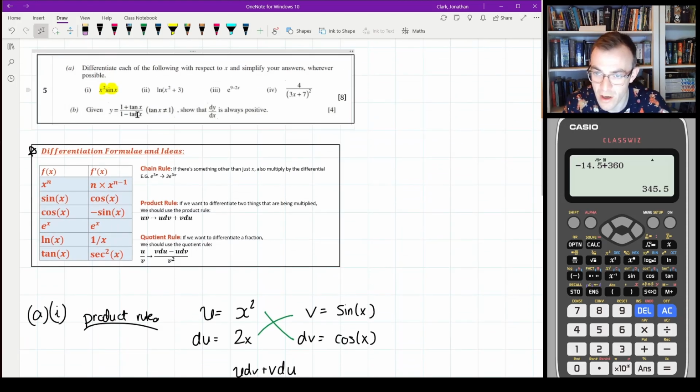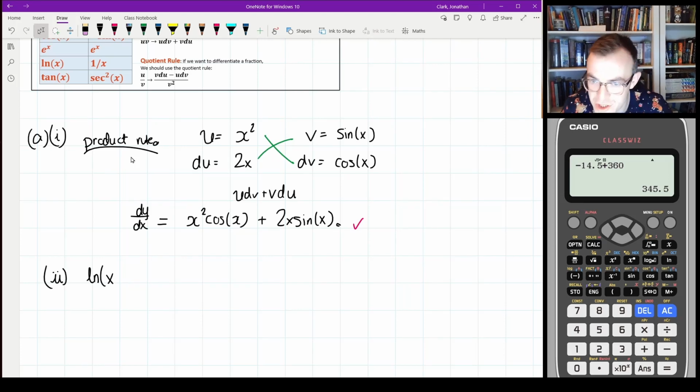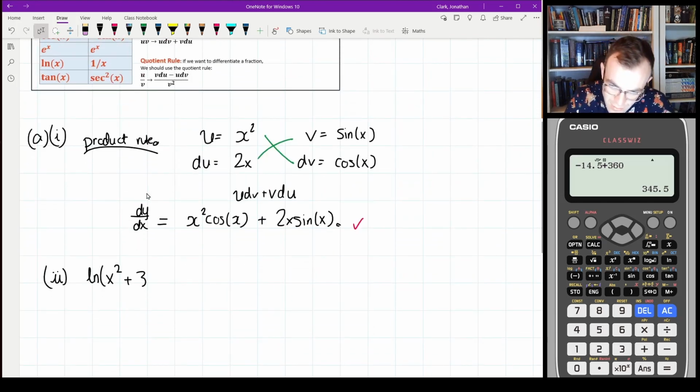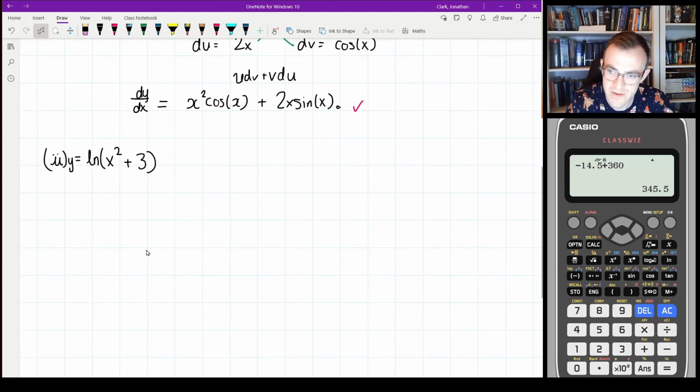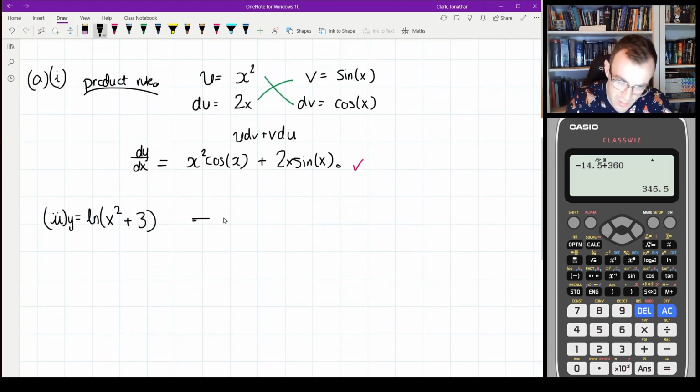What we got next? We've got a logarithm. I should probably write dy dx here as well to indicate that I have actually differentiated it. What was it again? x squared plus 3. Okay, so if we're differentiating a log, it goes to 1 over x. I need to use the chain rule though, so what's going to happen here is I'm going to end up with 1 over what's in the argument, but I also need to multiply by the differential.